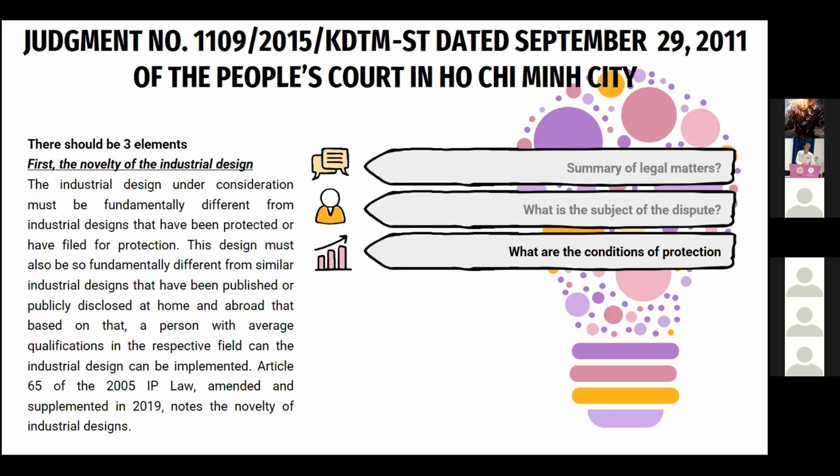Article 65 of the 2005 Intellectual Property Law, amended and supplemented in 2019, notes the novelty of industrial design.